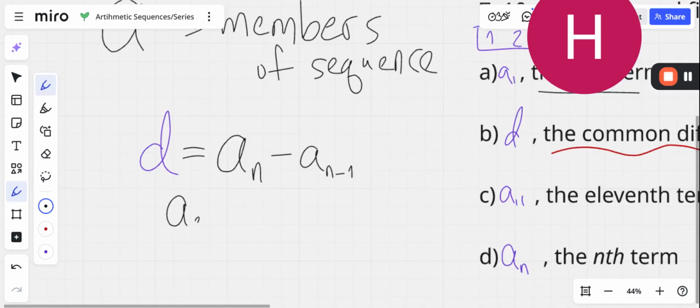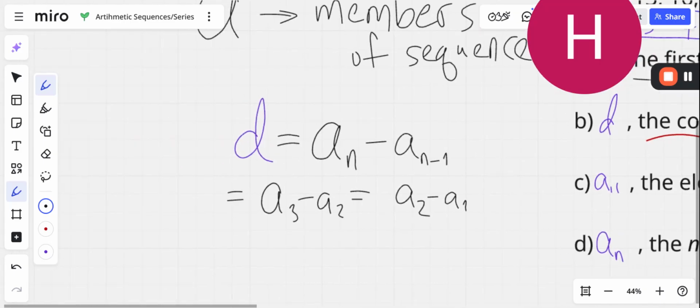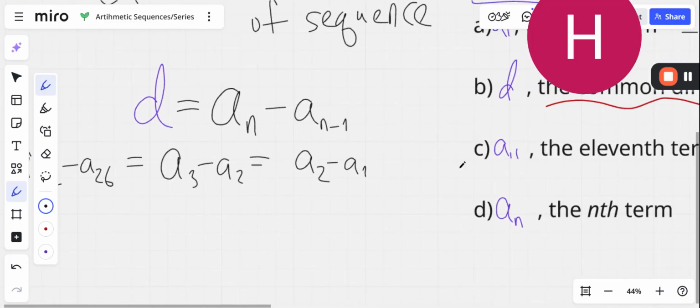Like the difference between A3 and A2 tells us how far away they are. The difference between A2 and A1 is the same thing as the difference between A27 and A26. If we take two numbers one after the other and subtract them, we get the difference.